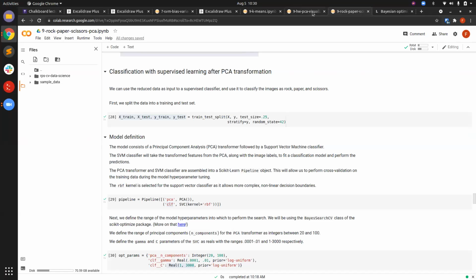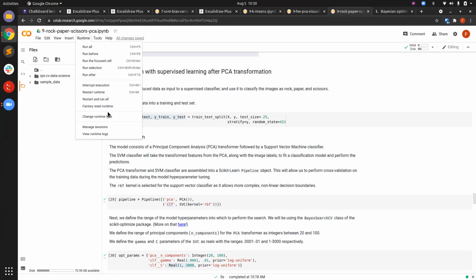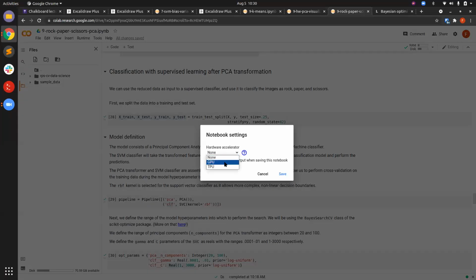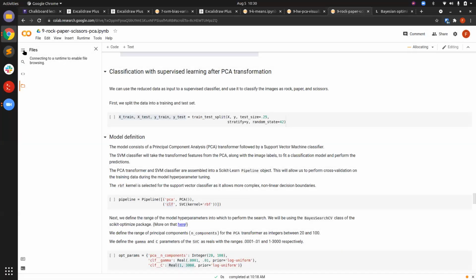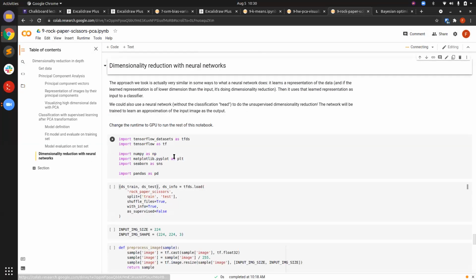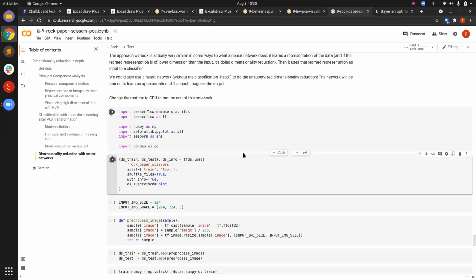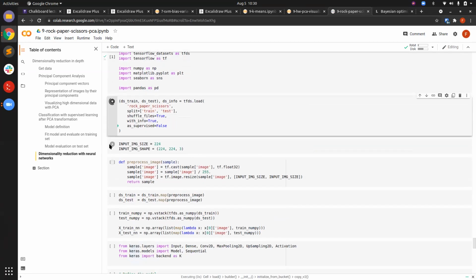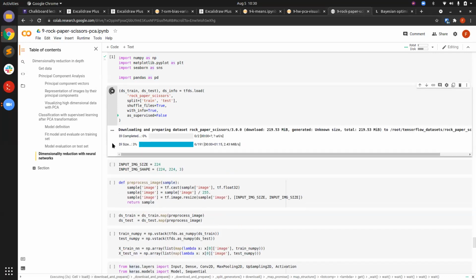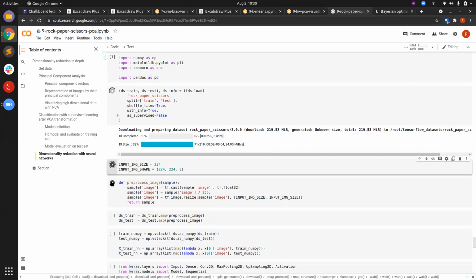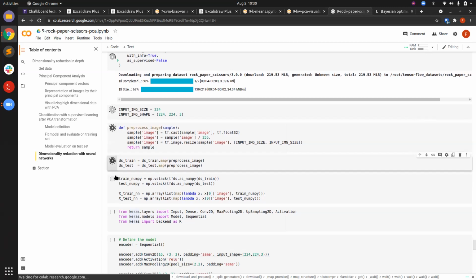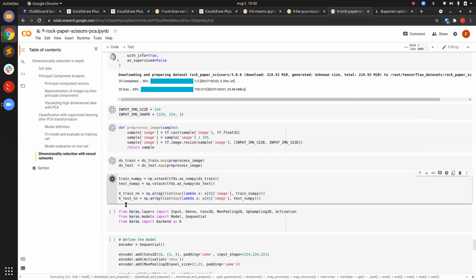In order to do that part, I'm going to change my runtime to GPU. Okay. I'm going to get the TensorFlow format of the data set again. Okay.